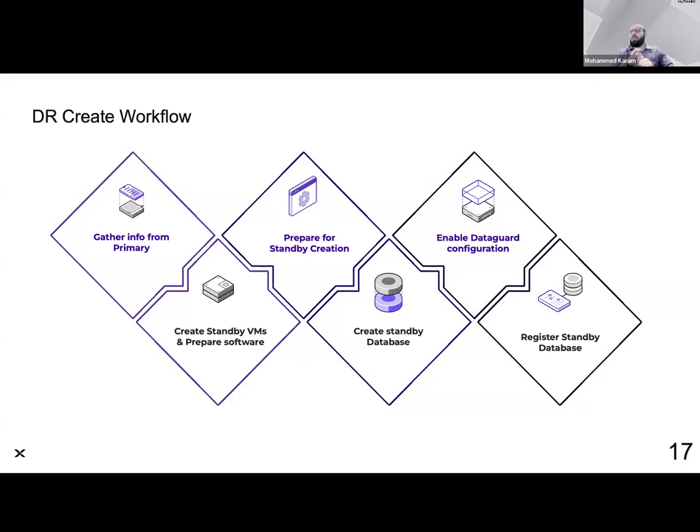So those constraints are then illustrated in your ability to select certain VMs and create standby databases on them. And then DataGuard is actually set up and they're registered. At the end of that process, you will have your disaster recovery configuration set up within DataGuard. Next slide, please, Jeremy.